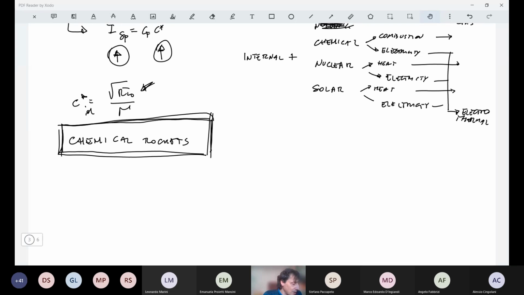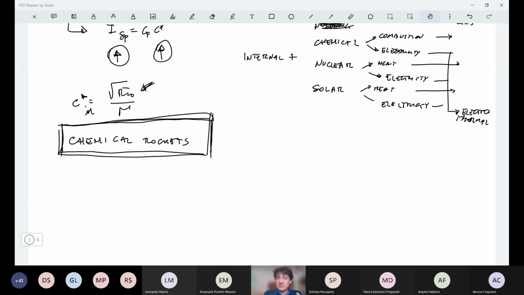The first step is to see a matching between what is happening here, chemical rockets, and what is our goal, our C star in this case. So in the release of energy, focus is on the C star, whereas in the expansion it was on CF, the thrust coefficient, for thermal rockets.